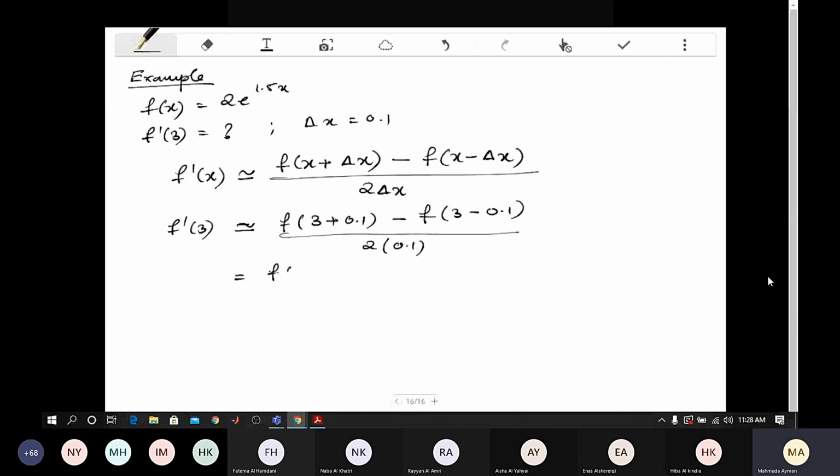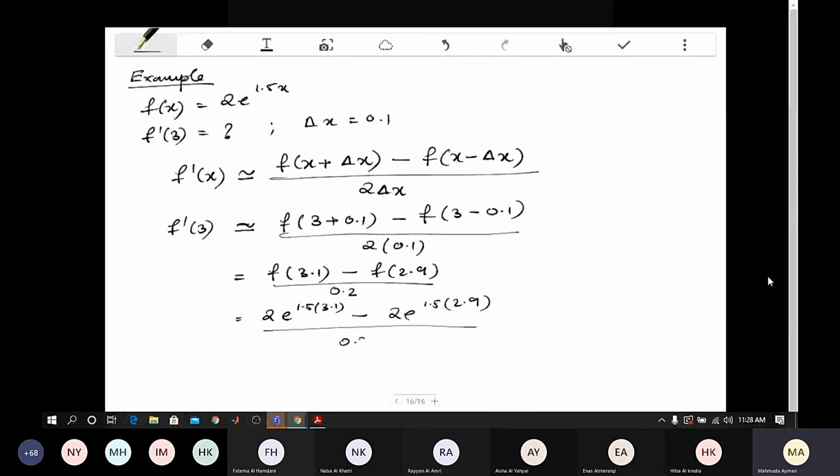So here we have f of 3.1. I'm waiting for your answers. So here we have f of 3.1 minus f of 2.9 divided by 0.2. So now if you put that in the function, you have 2 times e to the power 1.5 times 3.1 minus 2 times e to the power 1.5 times 2.9 divided by 0.2.